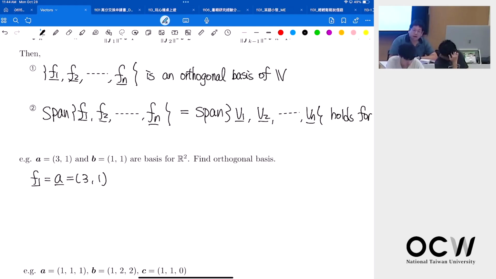Now, to find a vector that is perpendicular to F1, I need to use the other vector B and remove the portion in F1.